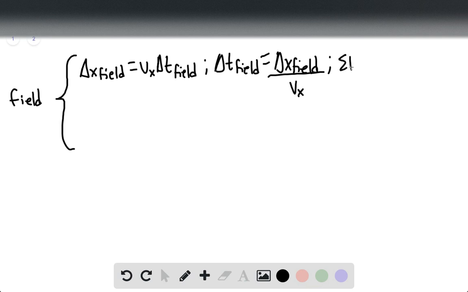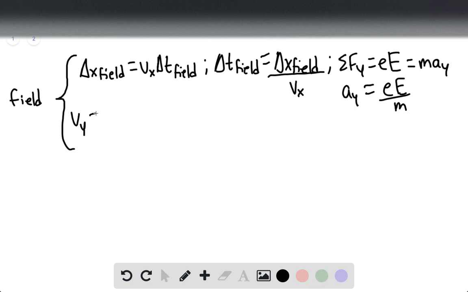We know that the sum of forces in the y direction equals the charge on the electron times E, and this will equal the mass times the acceleration in the y direction. So we can say that the acceleration in the y direction equals e times the magnitude of the electric field divided by the mass of an electron.